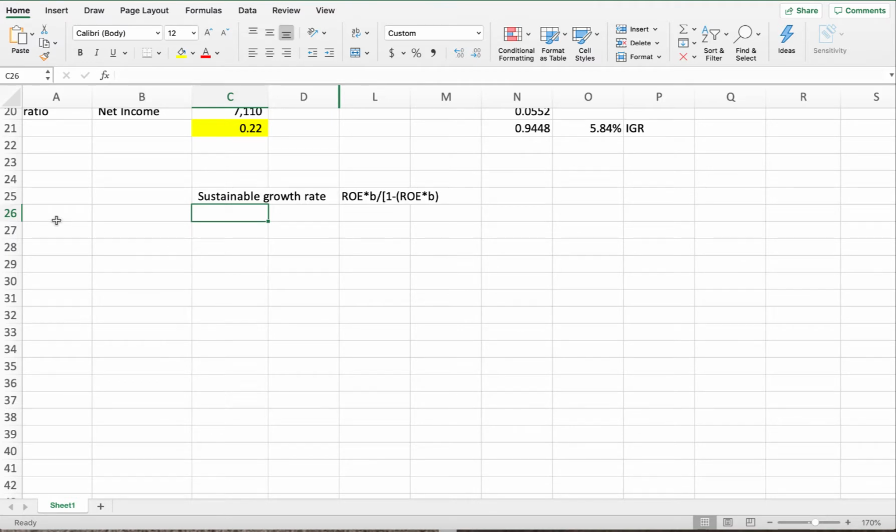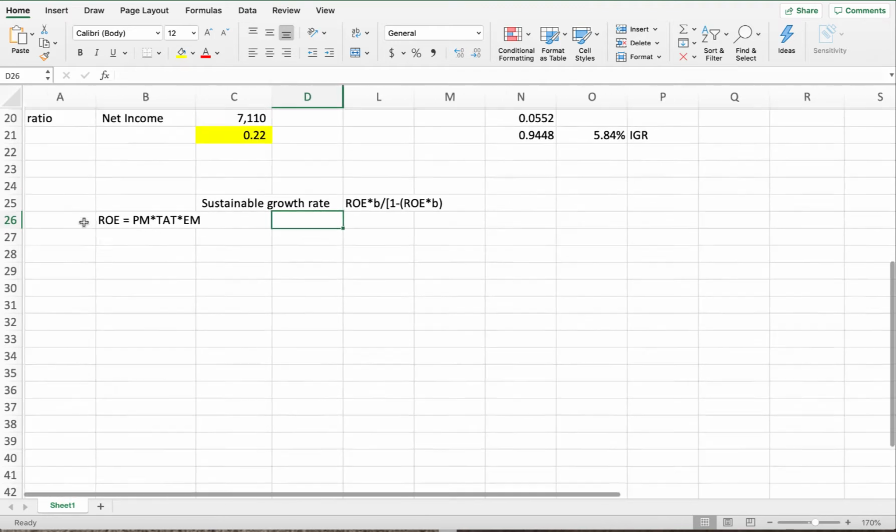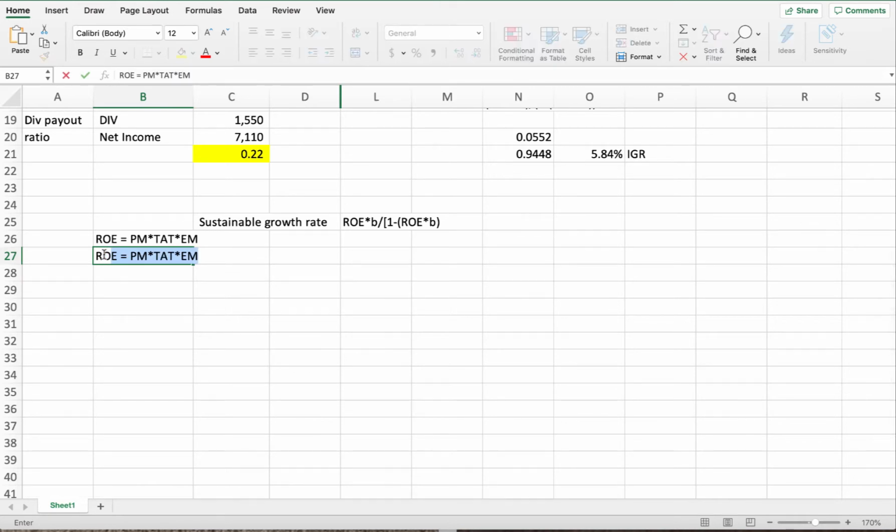So when we see ROE, we got to think DuPont, right? Profit margin times total asset turnover times equity multiplier. Okay, well, I have my profit margin, right? That's going to come down here. ROE equals 0.058 times my total asset turnover of 1.3 times my equity multiplier.